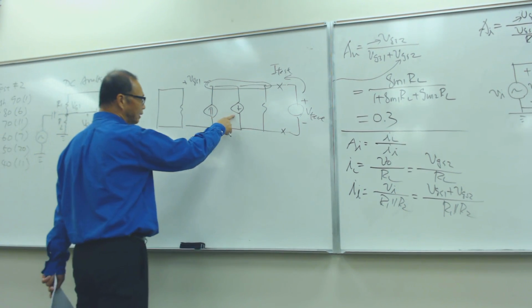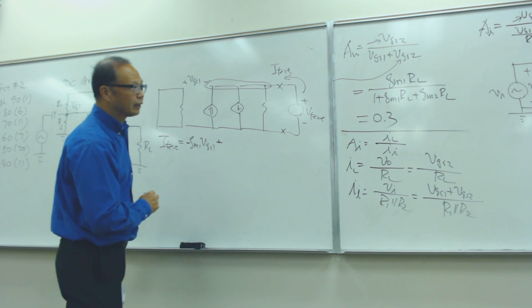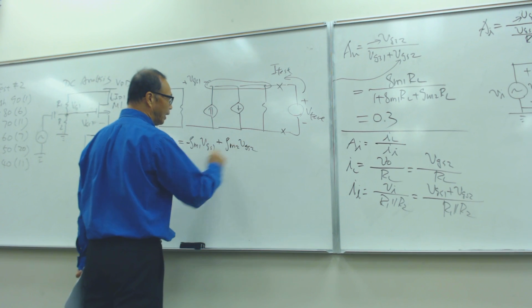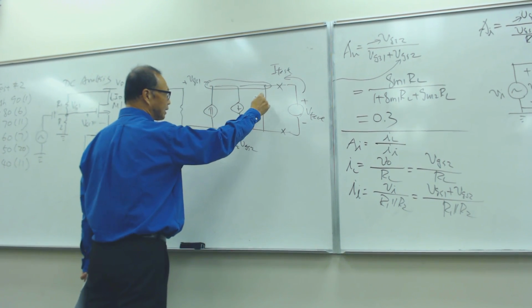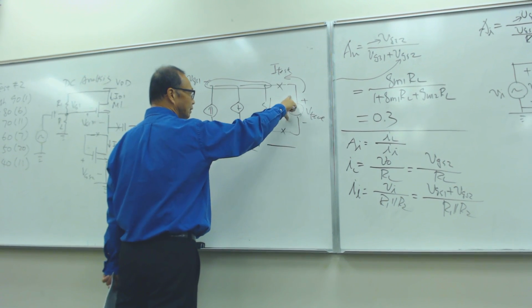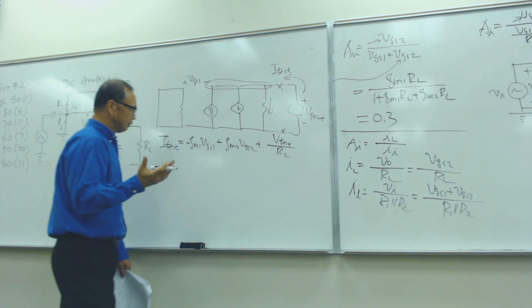And then this one plus, correct? That's what? That's GM2 VGS2, right? And then this current is going down. So what's the voltage across here? V test, right? Over R sub L, right?